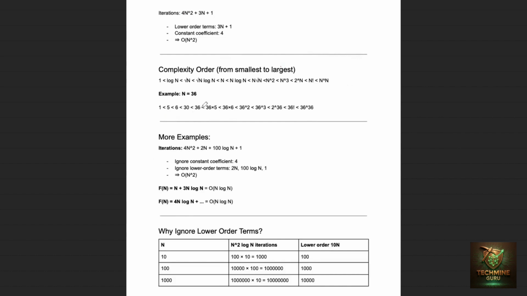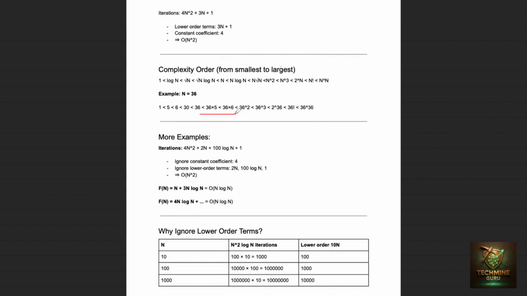Then root n log n means root n is 6 and log n is 5, which is 30, which is again smaller than n, right? n is 36, and log n is 5, so 36 into 5 is smaller than 36 into root of 36, which is 36 into 6, which is again clear.